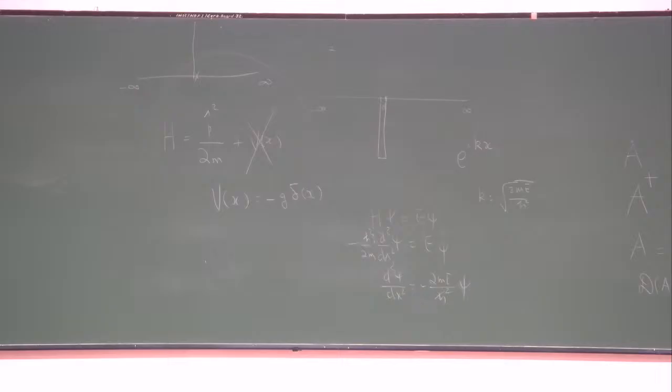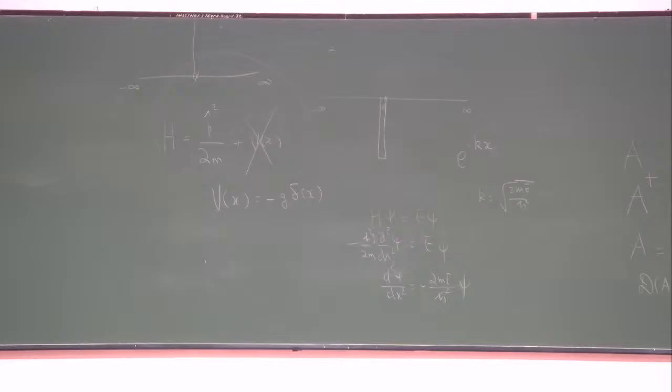So what I will do is put that in a box, say from minus L to plus L. Then within that it is a nice function, and outside it is 0.